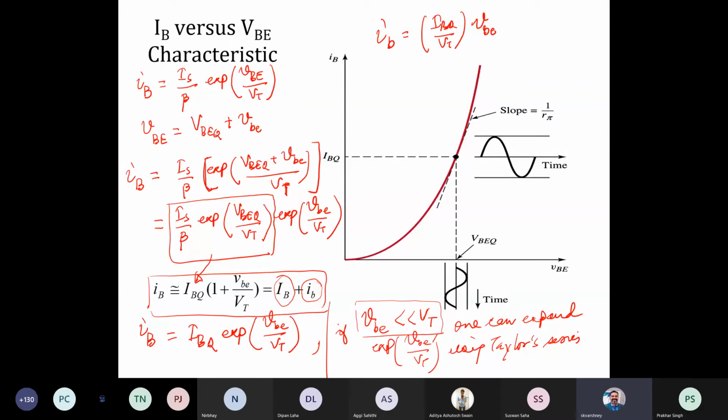If it is not, then it's not linear, because some higher order terms would come up. That simply adds a distortion into the signal, right? That distortion can be harmonic distortion, maybe first, second or third harmonic, and so on. We are not going into the harmonic distortion right now, but basically we are restricting ourselves to the linear analysis part.